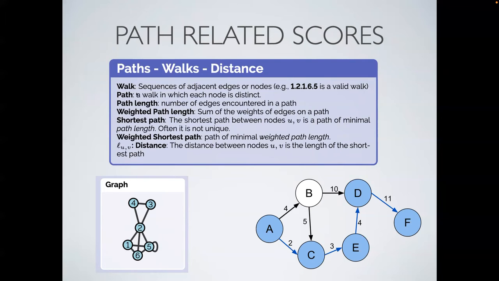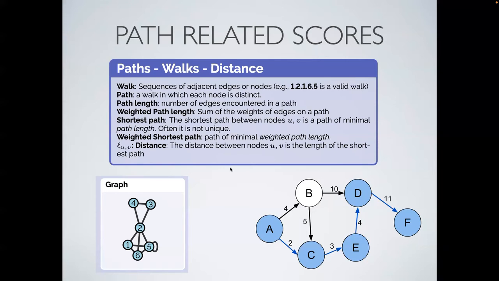This is a walk. And a path is a walk in which each node is distinct. So in this case, you have the right to go only once on every node. The length of the path is just the number of hops that you're doing. So for instance, 3, 4, 2 has a length of 2. So it's the number of edges, not the number of nodes that you encounter.